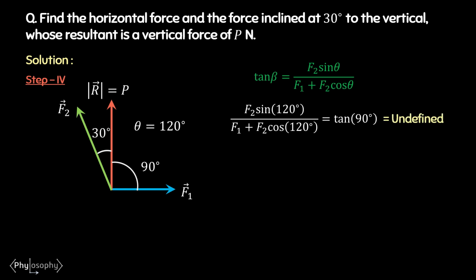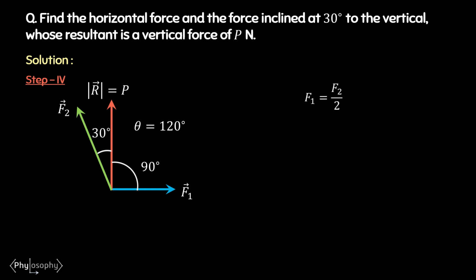But tan 90 degrees is undefined, and this is only possible if the denominator of this relation is 0. Therefore we can write F1 plus F2 cos 120 degrees equals 0. Now the value of cos 120 degrees is minus half. If we put this, then we will have F1 minus F2 over 2 equals 0, or we can write F1 equals F2 over 2.